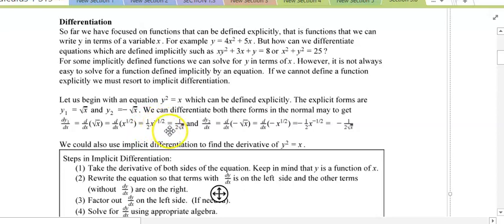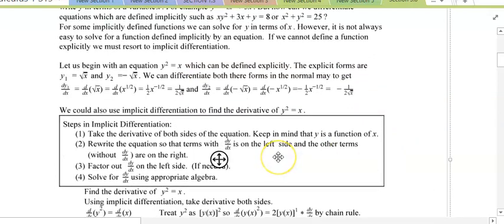And if we did the derivative of y sub 2, again by using the power rule, we end up with negative 1/2 root x. So notice you have two different derivatives. One's positive and one is negative: 1/2 root x and negative 1/2 root x.